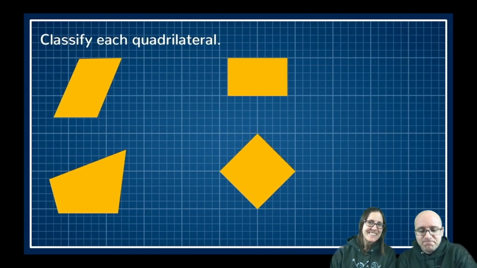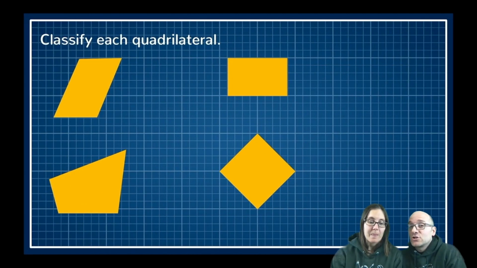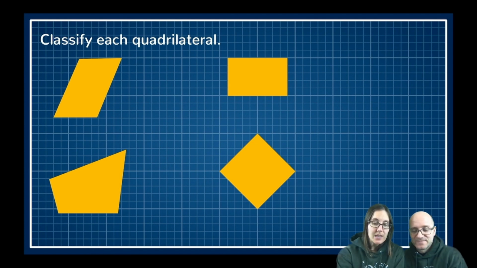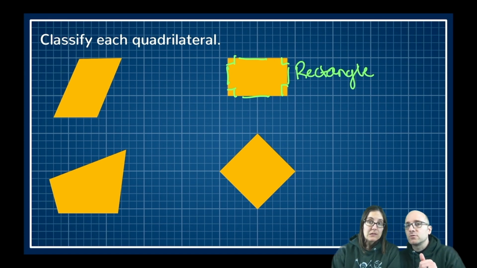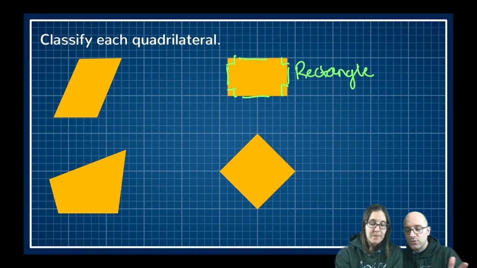All right. Can you classify each quadrilateral? Ooh. This is a rectangle. Nice. Because it has parallel sides and it has all the angles the same. So the part that mattered was that the four angles were right angles. Four equal angles.